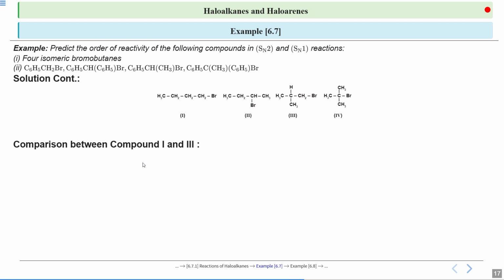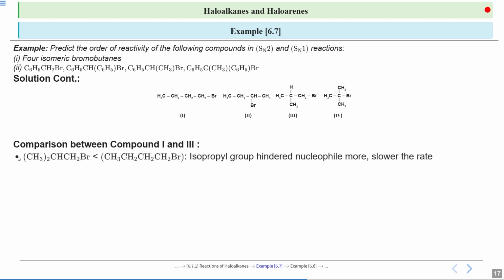Here also you have to compare between the first and third compounds, because both are primary. In this case, the single chain, n-bromobutane, is more reactive. Why? The isopropyl group in the third structure, which is a primary halide, hinders the nucleophile more and slows the rate.